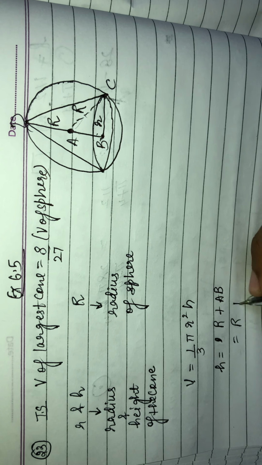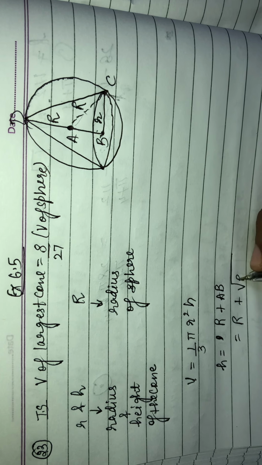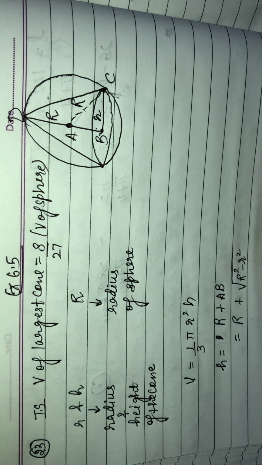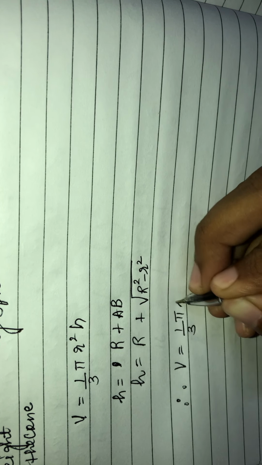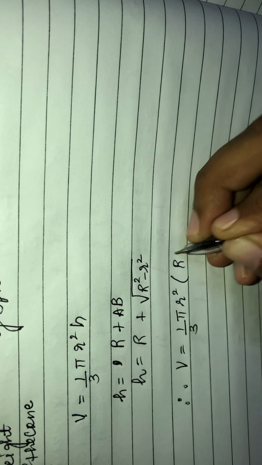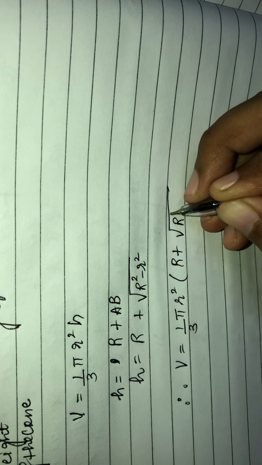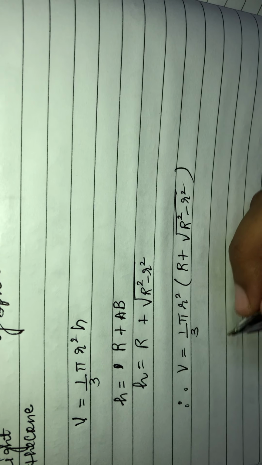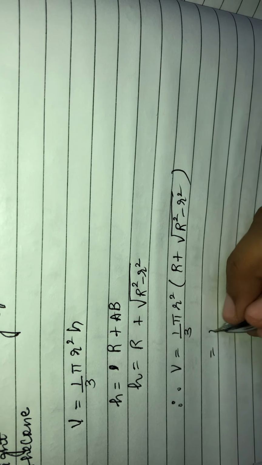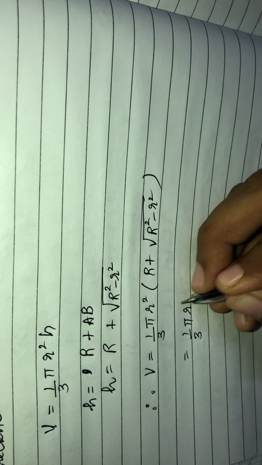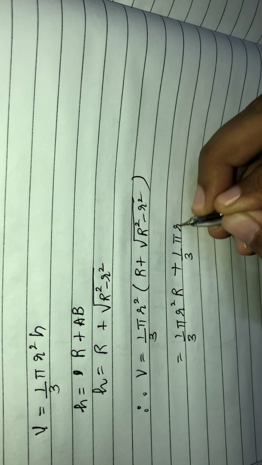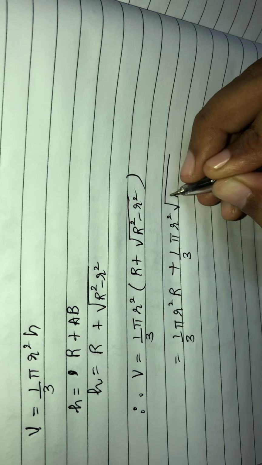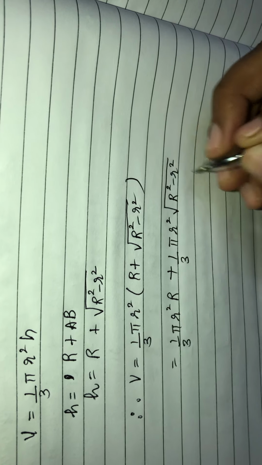So R plus under root R square minus r square is h. Therefore the volume will be 1 by 3 pi r square into R plus under root R square minus r square. So 1 by 3 pi r square R plus 1 by 3 pi r square under root R square minus r square.